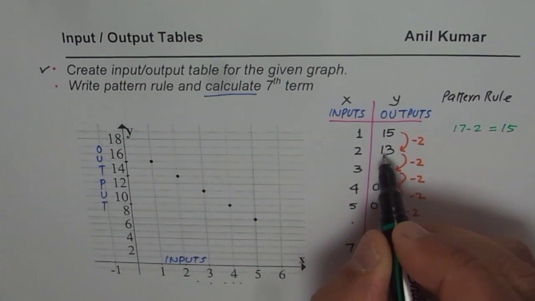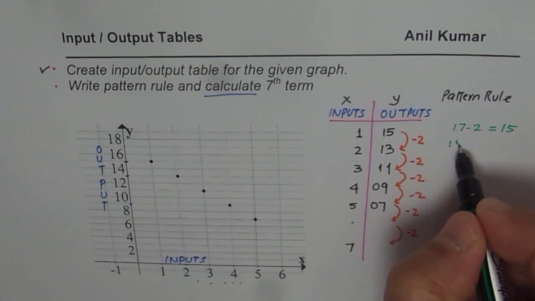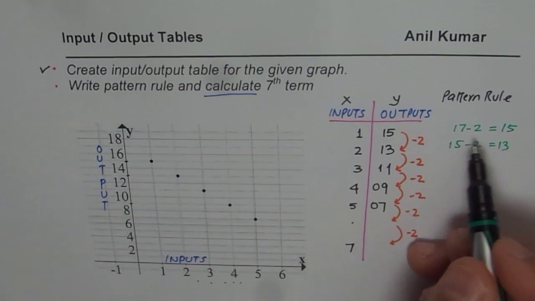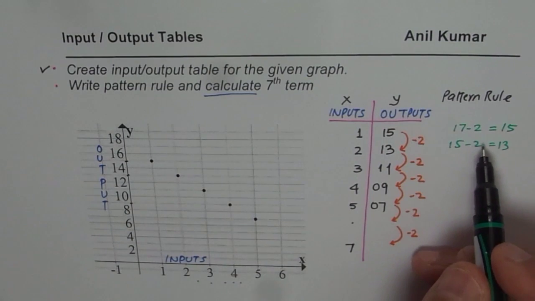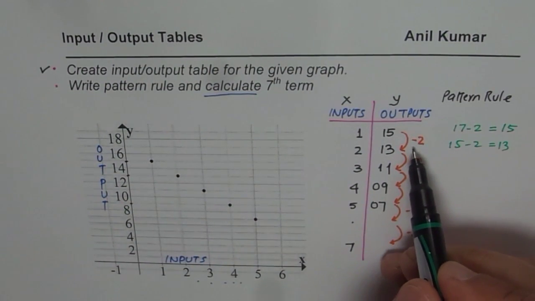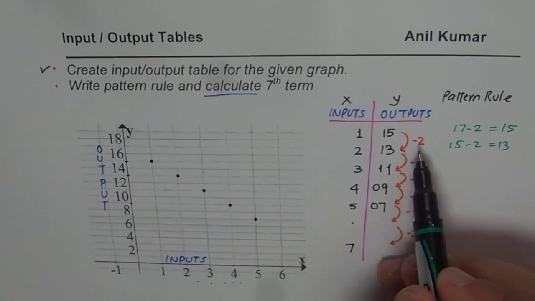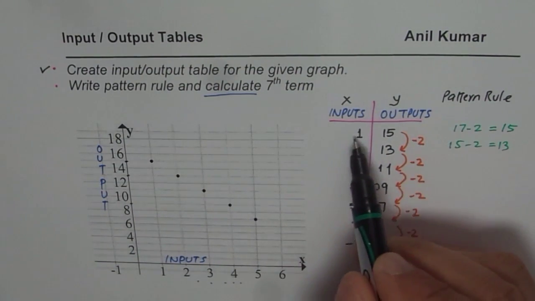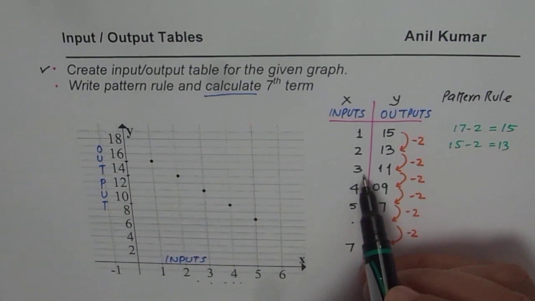How do you get 13? 15 minus 2 is 13. So what it tells us is that every time the number decreases by 2, so the rule has to do with times minus 2. So if we start with 17 and take away times 2, we get our number.